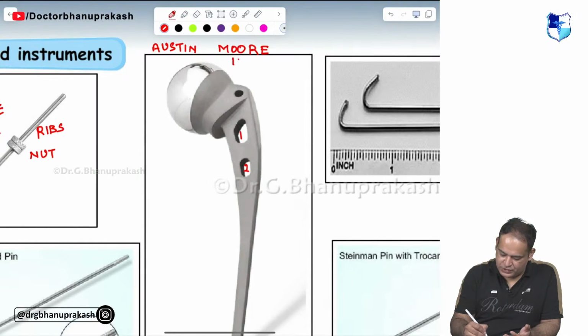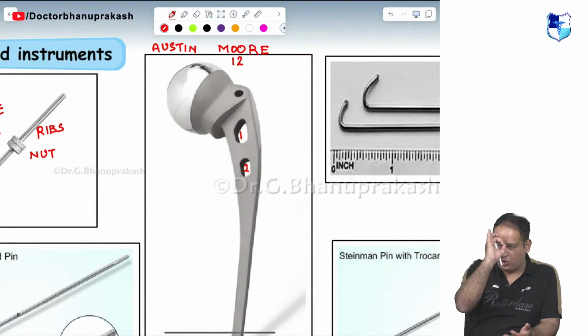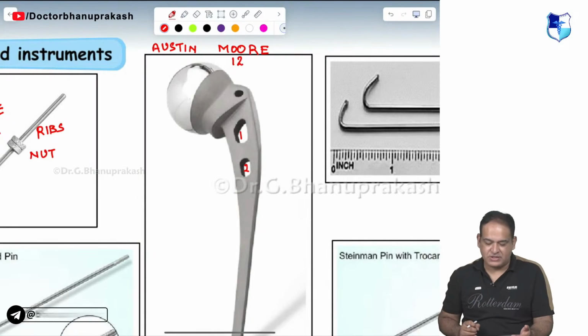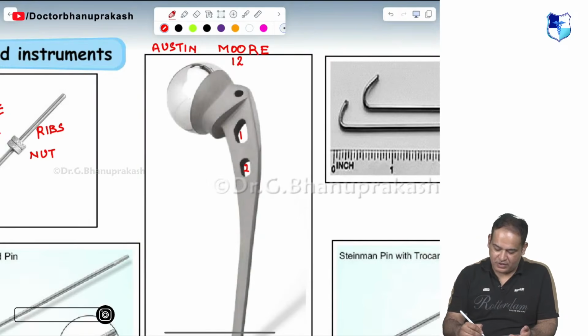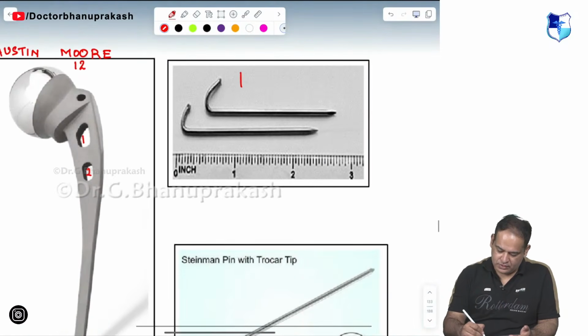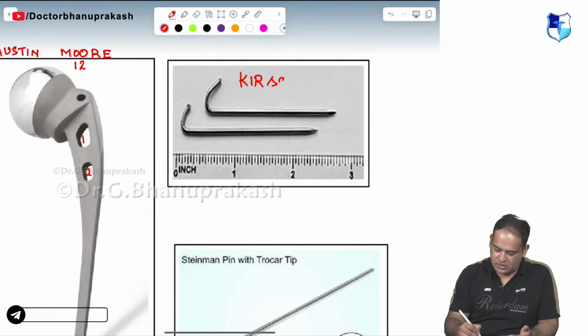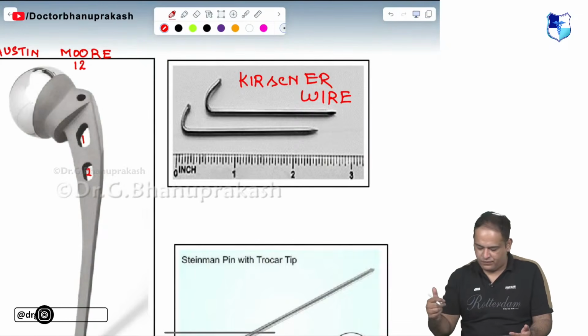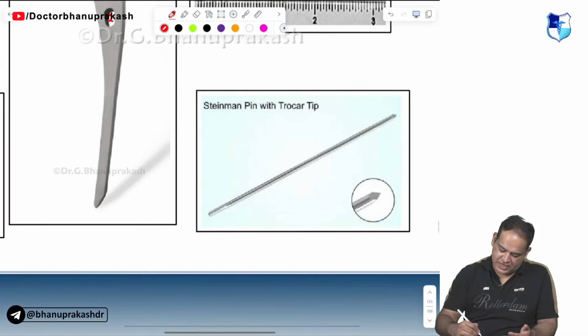Austin Moore. So you see in the name also two holes are there. So it has got single body and two holes. Now this is Kirshner wire. Now Steinman pin.